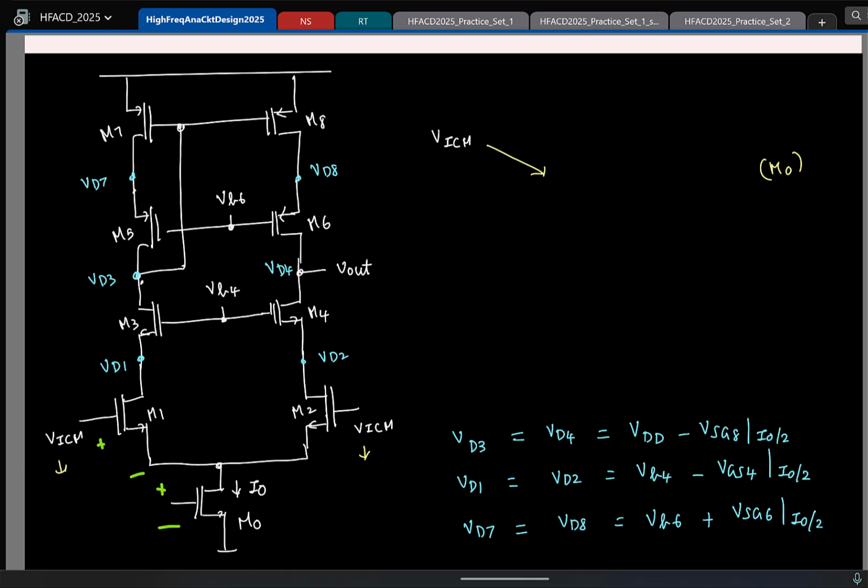And the lowest the VDS of M0 can go is the overdrive of the transistor. So we should be able to write this directly now. This is VGS of, let us say, M2 at a current I0 by 2 plus the overdrive voltage of M0 at a current of I0. So let's try to write it directly without writing all these things.